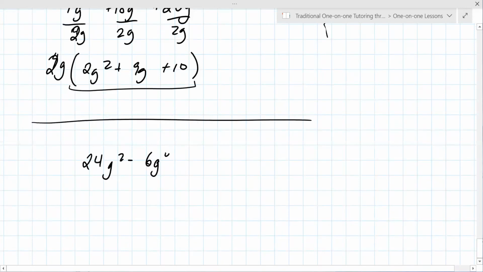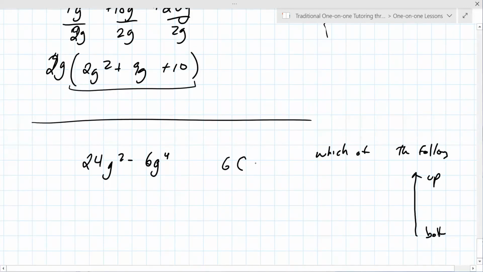Now, I don't know if you've been noticing this, and maybe I've already said this to you, but whenever it says which of the following, you really need to start from the bottom up. Yeah, you did say that. So if you're doing this on an exam, please do it from the bottom up. That way it'll save you some time. So this one here is another GCF. The GCF is 6g squared. So you're dividing each of these by 6g squared.